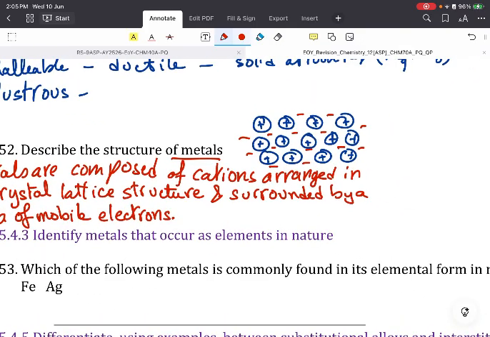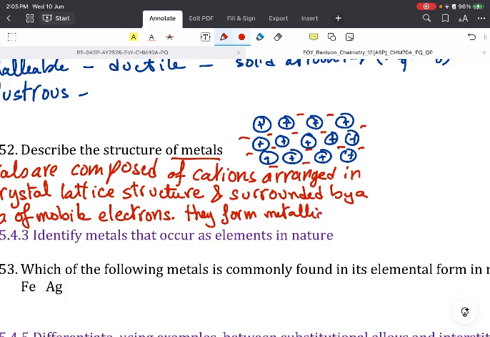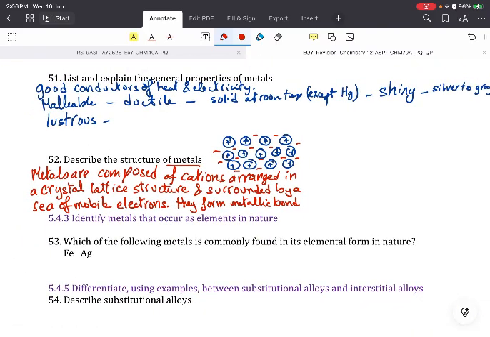Now, the bonding in metals is called metallic bonds. They form metallic bonds if they bond with other metals. That's it. This is the structure.